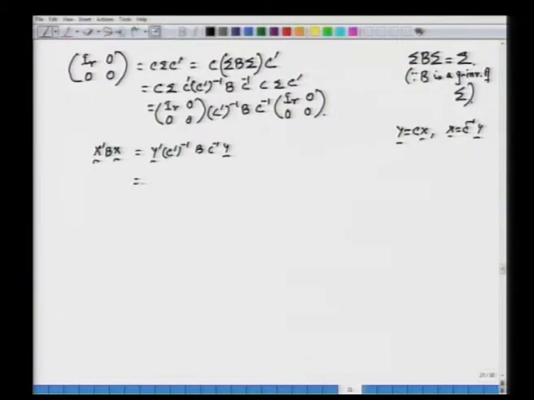And now, I use the partitioned form of the random vector y and write this as, recall that y was partitioned into y1 and y2, and we have a transpose here. So, this is y1 transpose augmented column wise with y2 transpose, and then I have C transpose inverse B C inverse, again I am writing y1 and y2.